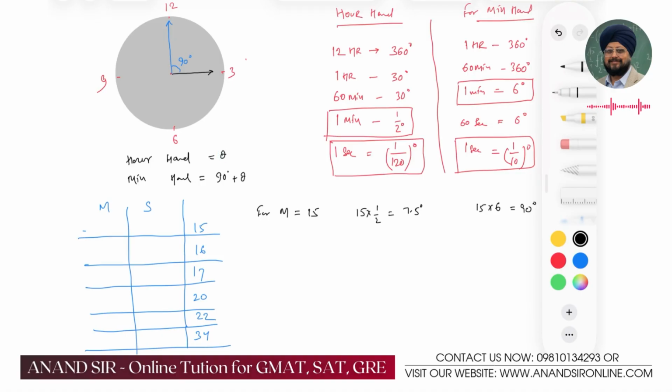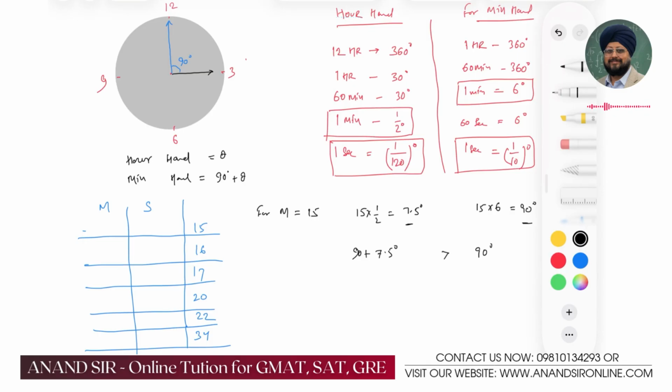So here the hour hand is moving 7.5 degrees and the minute hand is moving 90 degrees. It means the hour hand is 90 plus 7.5 and this is 90 degrees, so they are not equal.